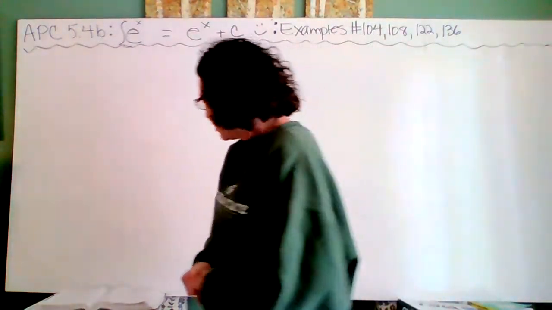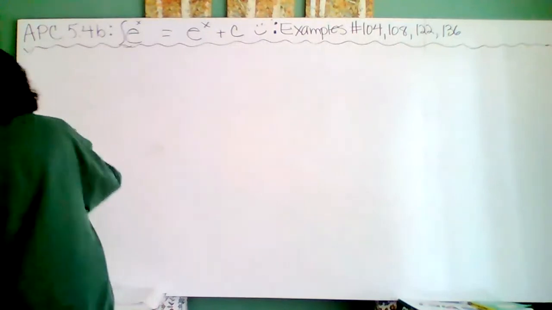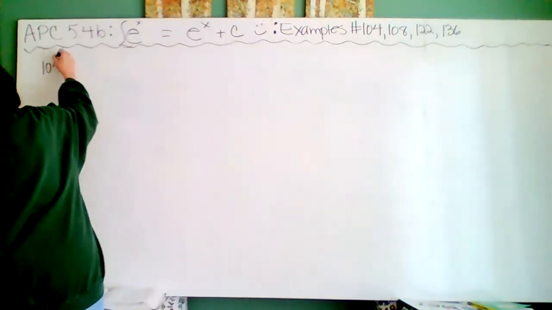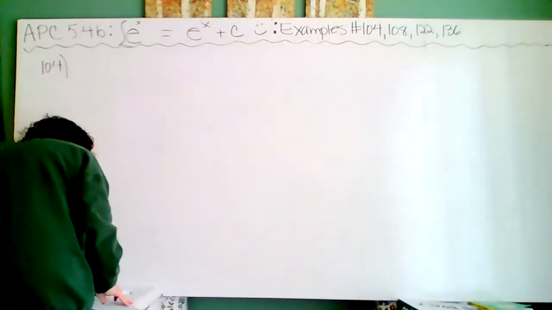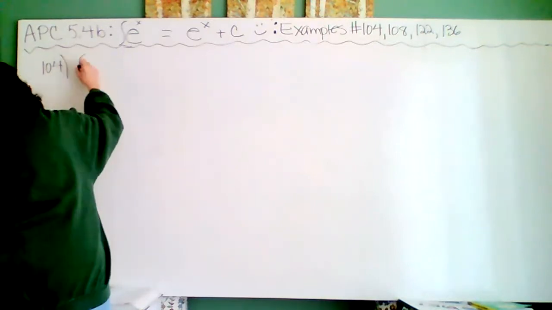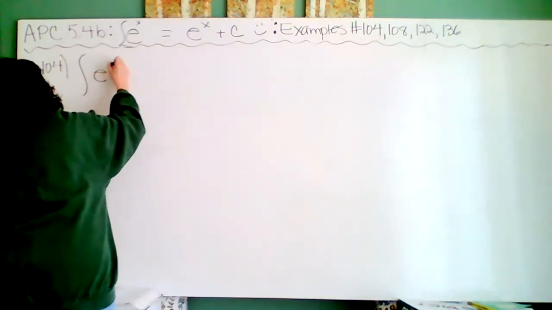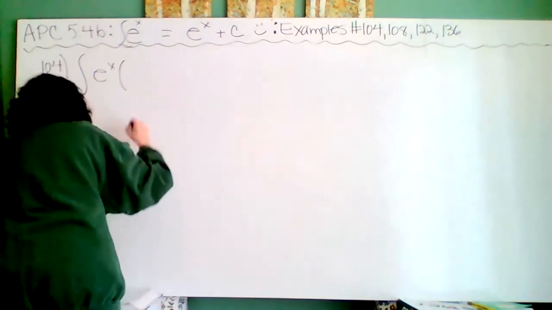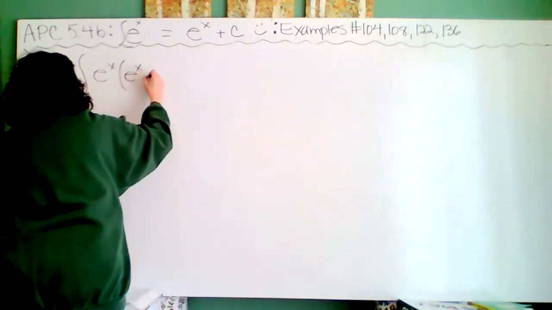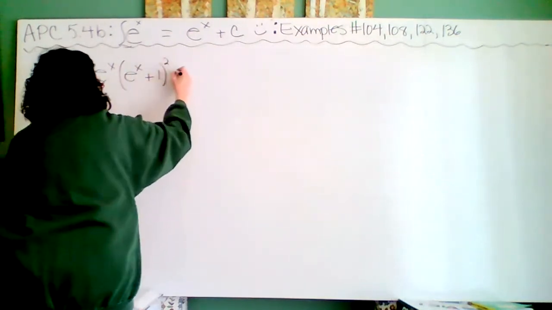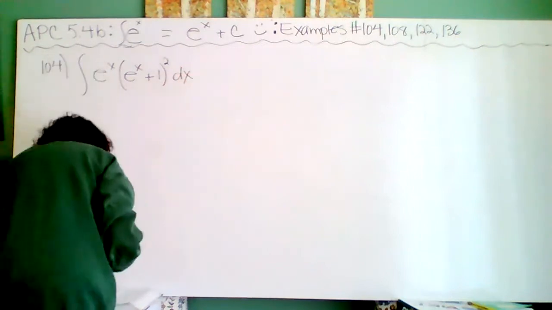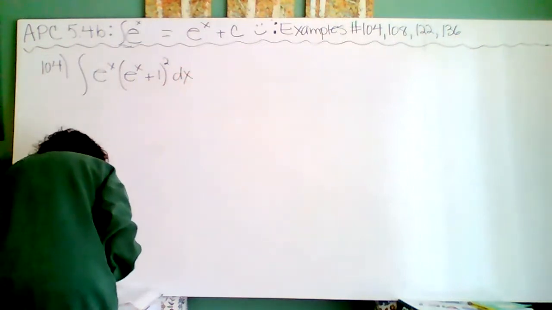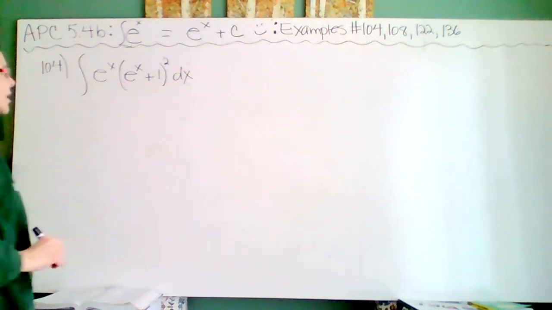So here we go. Number 104. Let's see. The integral of e to the x, e to the x plus 1 squared dx.